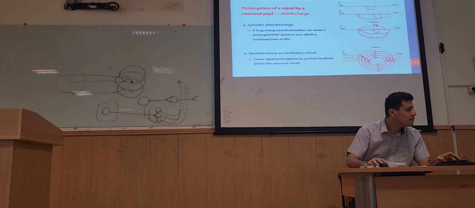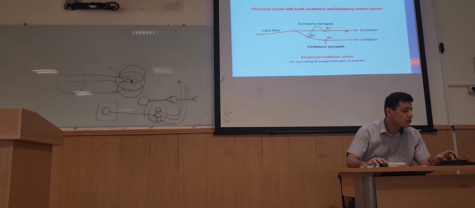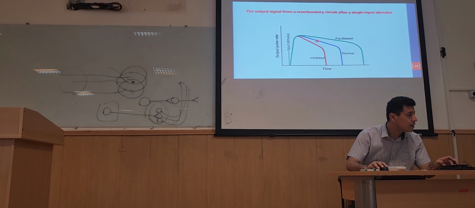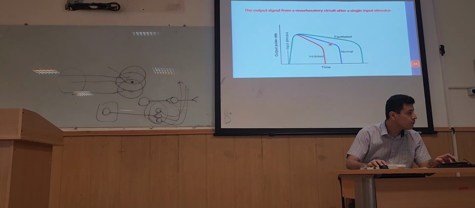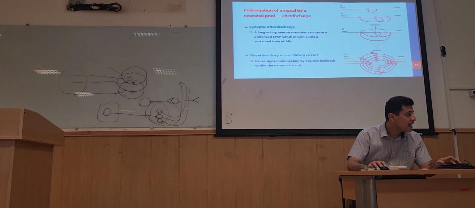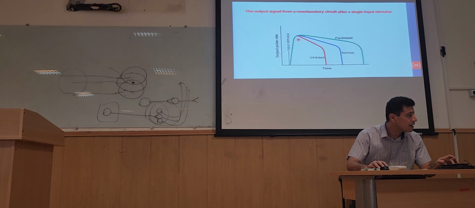But imagine that the facilitatory neuron is active. Then the synapses are facilitated. So fatigue happens later or slower. So we have more action potentials and fatigue happens later. But if we have an inhibitory neuron that suppresses these synapses, then the firing activity declines faster.